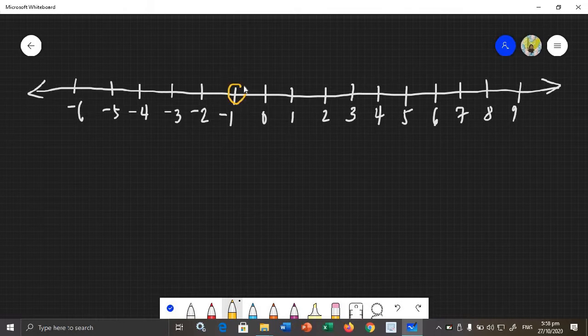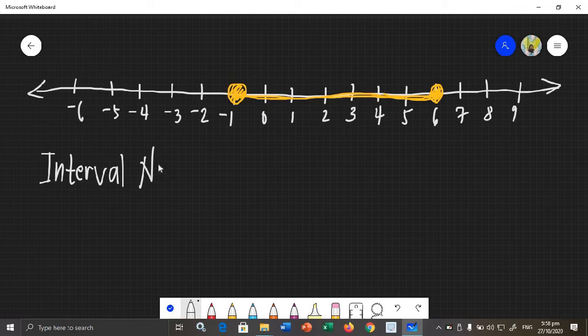So let's say I draw a circle here and that circle is shaded. Up until here, that circle is also shaded. Sorry if it is not a straight line. What will be the interval notation of this illustration? When we are finding the interval notation, that is why I asked you to take note of the table earlier, because you're going to remember the symbols.